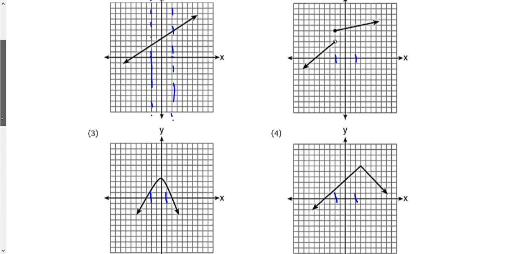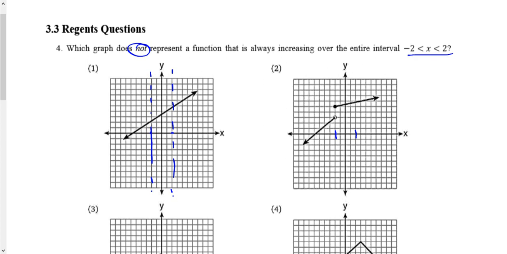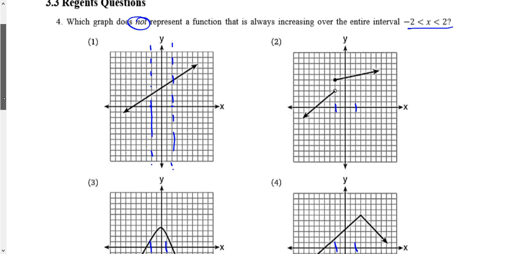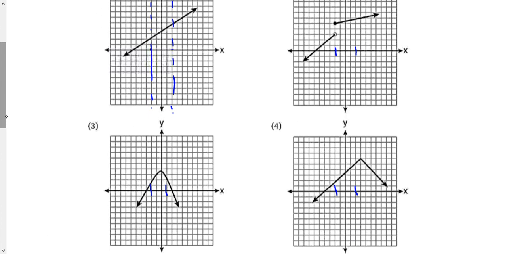Which one of these is not always increasing between the intervals of negative 2 and 2? Which one? Which choice? Choice 2.